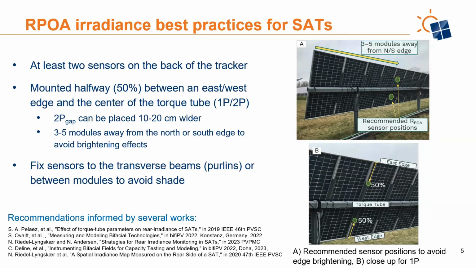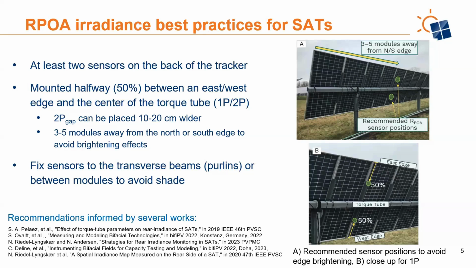It's kind of where your intuition might have told you, halfway between the east edge and the torque tube, and then another sensor halfway between the west edge and the torque tube, and then average those 2. The top A frame there shows a zoomed out view that shows roughly how far away from the nearest north or south edge the sensor should be to avoid edge brightening.